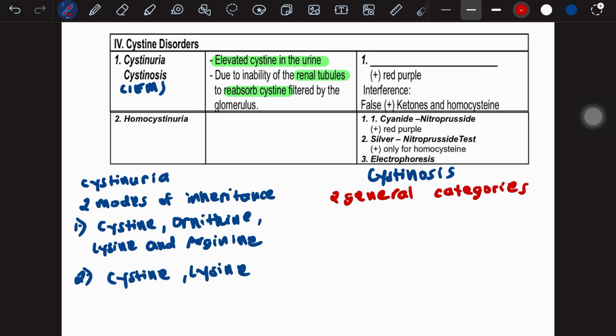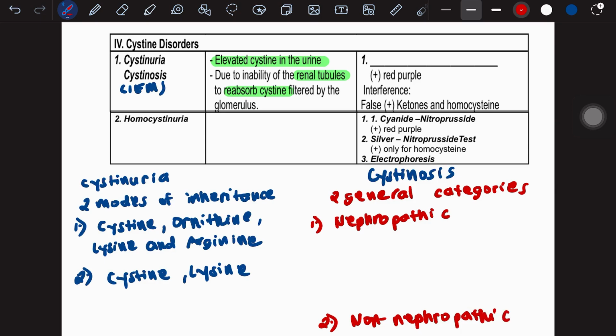So the two general categories are, first, your nephropathic, and the second one is your non-nephropathic. So our nephropathic can be categorized further into two.